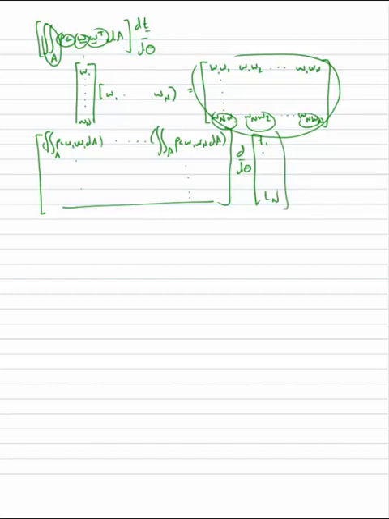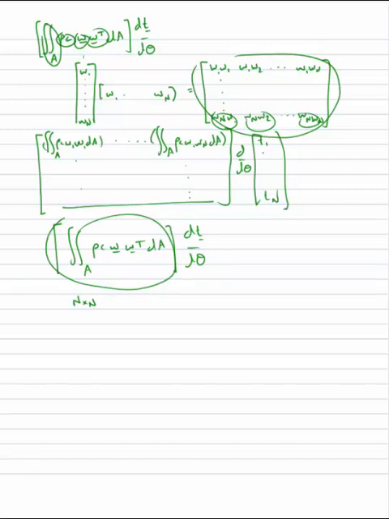So if we think about what this is, look at this again. This is the integral over the area of rho times c times w transpose dA times dt d theta. This is an n by n array of each of these area integrals, and this ends up being actually our capacitance matrix.